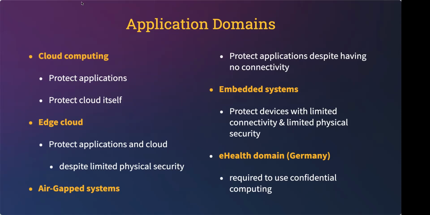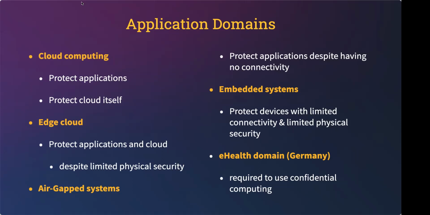At least in this first lecture, I raise some of these problems. This is the context of embedded systems. There is also use for confidential computing in embedded systems. Here again, limited connectivity. Any questions? No. Okay.